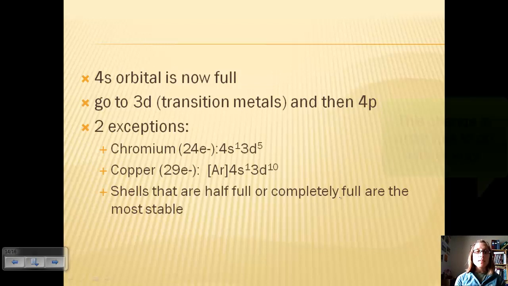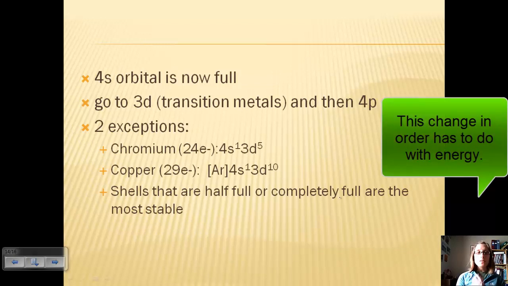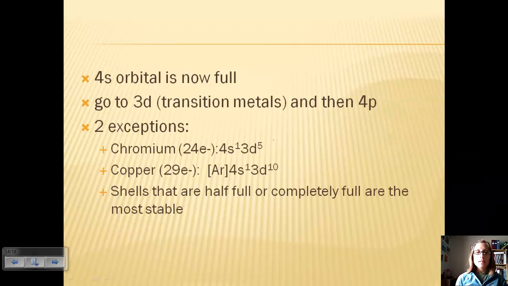There are a few exceptions within the 3D, and this follows for anything that's below chromium and below copper. Normally, we would say that they would do 4s2, 3d4. But the problem with that is because D contains 10 total electrons, shells that are half full or completely full are the most stable.